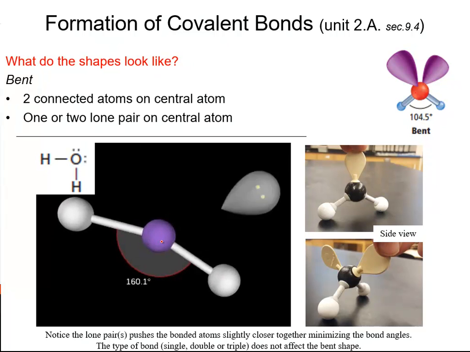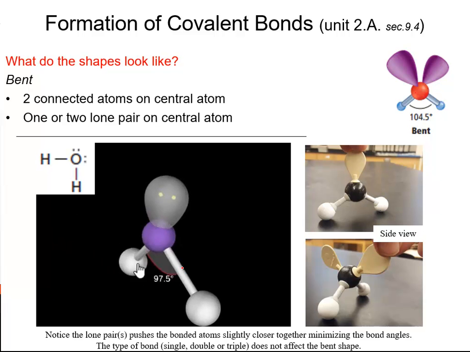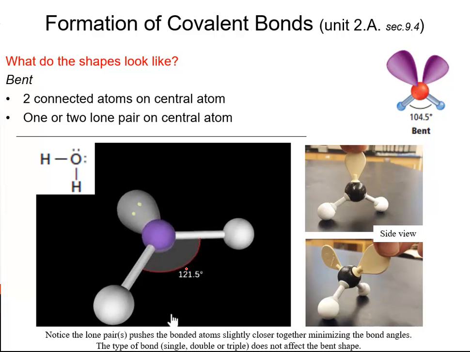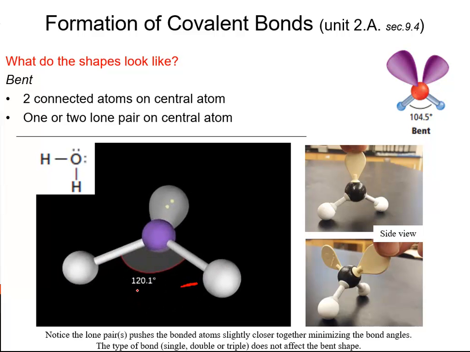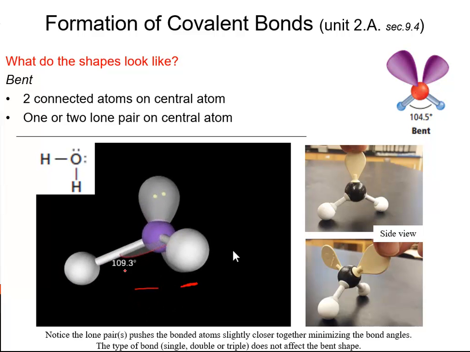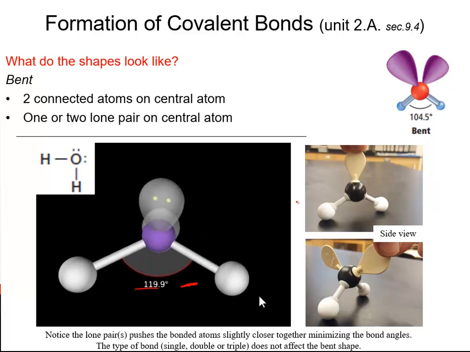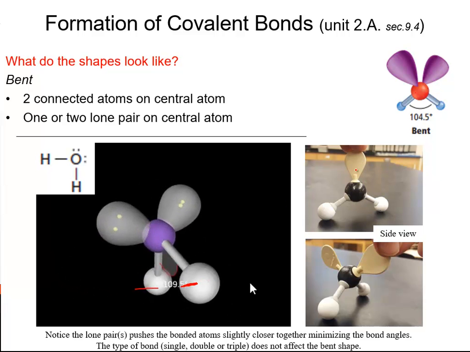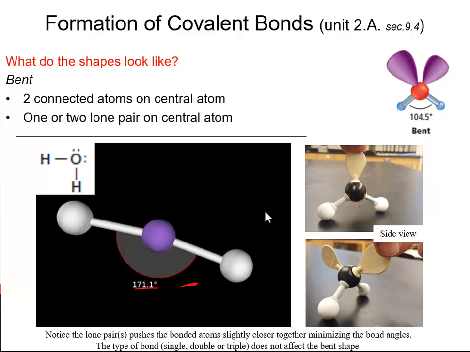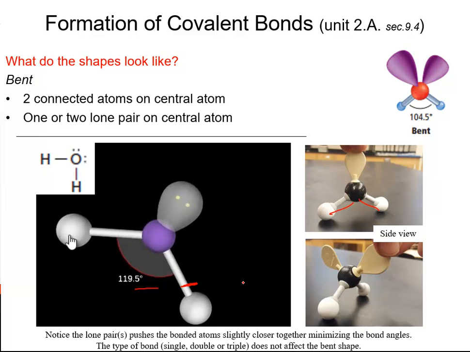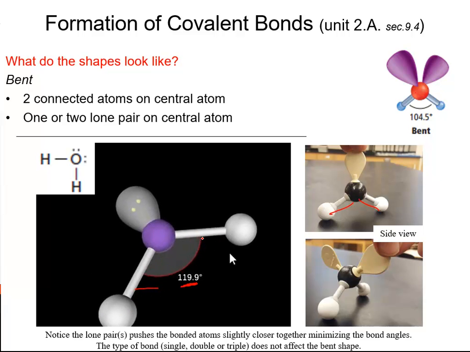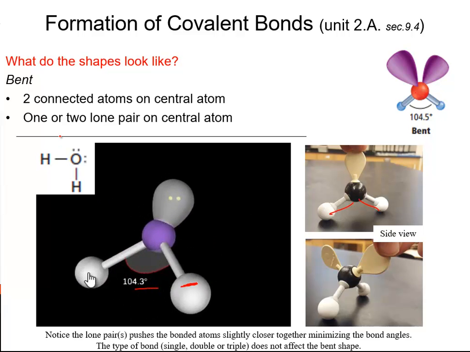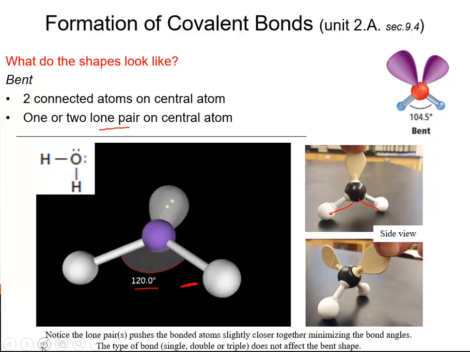Now notice that the lone pair pushes down on them, but a second lone pair shrinks that bond angle even much more, as you can notice in a second, from 120 to now 109. And you can see here an example of 1 lone pair or 2 lone pairs. You're still going to have that bent shape to it. And again, it doesn't matter if you have a single bond or a double bond or a triple bond connected here. It's the number of atoms and the lone pairs that we're looking at.